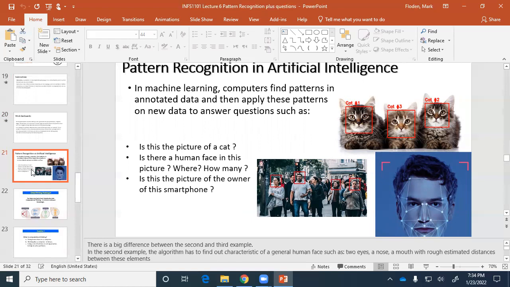But if you had a bunch of cats, maybe a computer could tell that this is a cat. Now, how would it know it's a cat? By the face. The distance between the eyes and the nose and the mouth is different in a cat than it is in a person, right? So a computer could tell the difference between a cat and a person, probably.